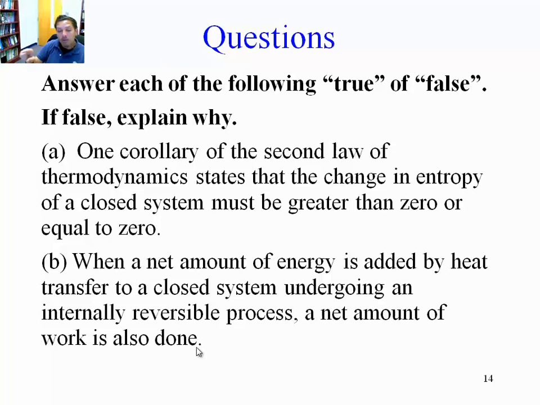But in the second law of thermodynamics, the only thing that we relate is the heat. We relate the heat to the entropy. And what we say is, if there's a net amount of energy added to a closed system by heat transfer undergoing an internally reversible process, we can conclude that the entropy will increase, not that work will be done. So this is false.